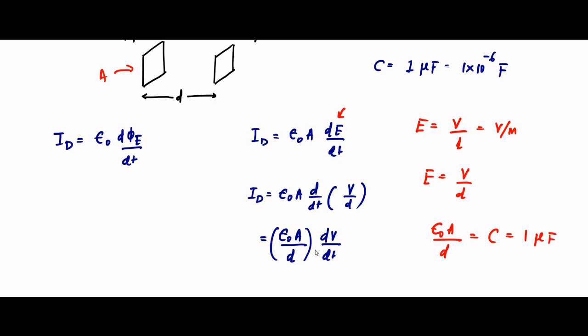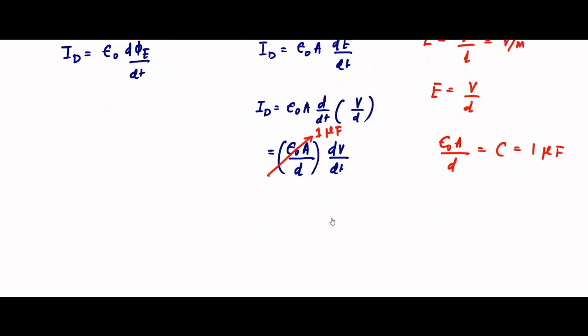That value is already given, 1 microfarad. We need a displacement current of 1 ampere, and epsilon 0 A by D, that is the capacitance, is 1 microfarad.